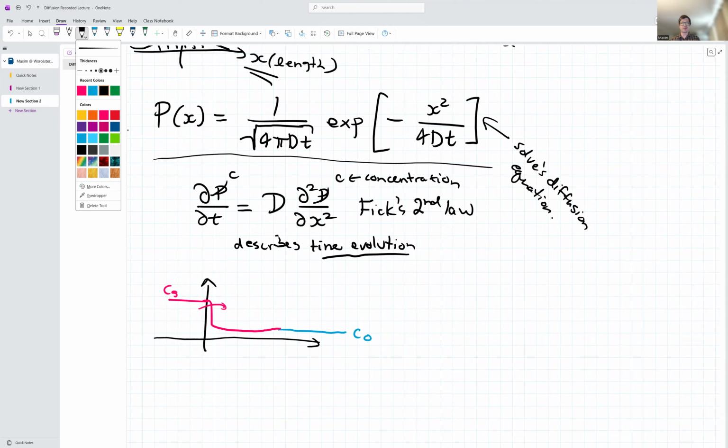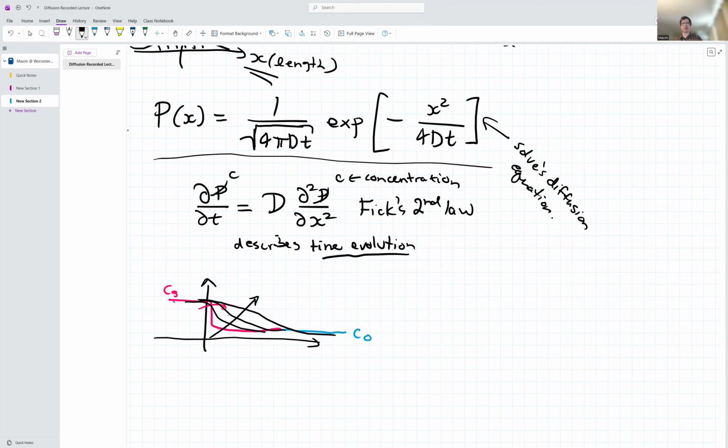It will get smoother and smoother and eventually flatten out like that. That's what happens with increasing time. Very similarly to the Gaussian getting wider, but in a slightly different context where you have a smoothing out of an interface.